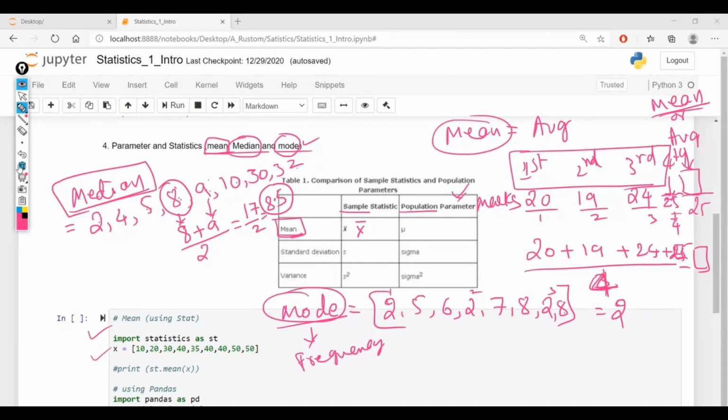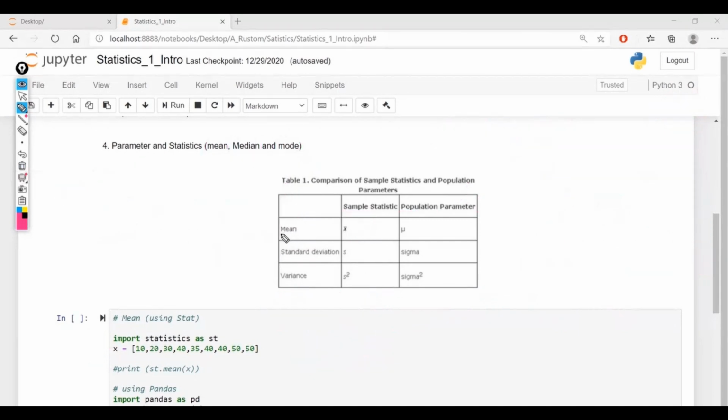All right. Now let's understand, as I said, the mean. If I'm going to take a mean of sample data, I'm going to represent it as X bar. If I'm taking a mean of an entire population, we have understood what a population is, then I'm going to represent it as mu. Depending upon the situation, these symbols and this representation will change, but most of the time we refer to this one.